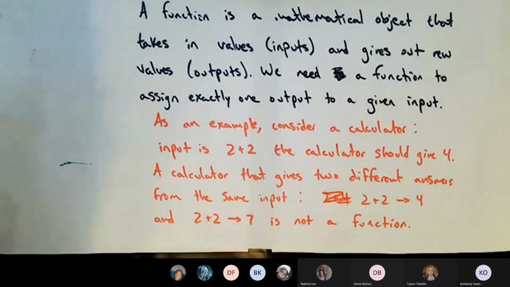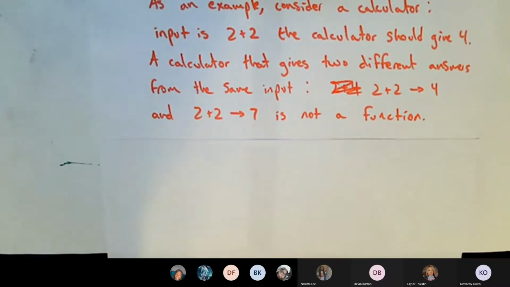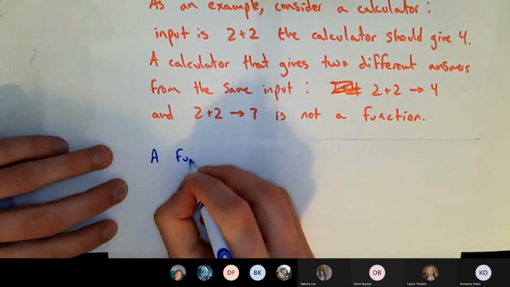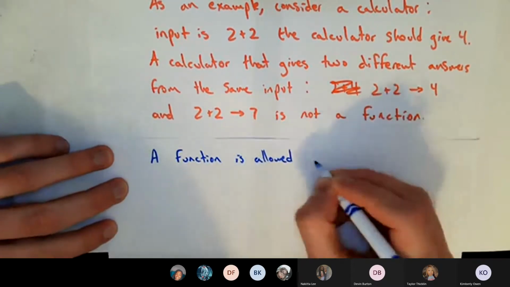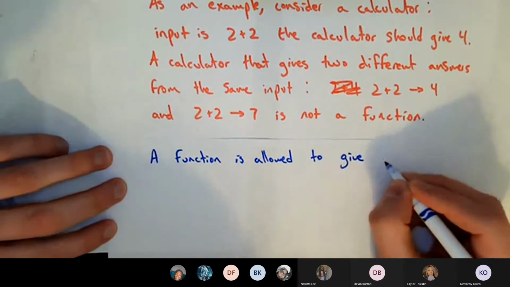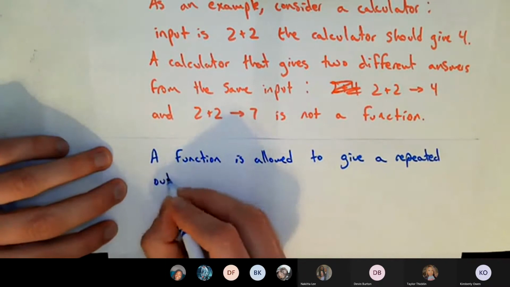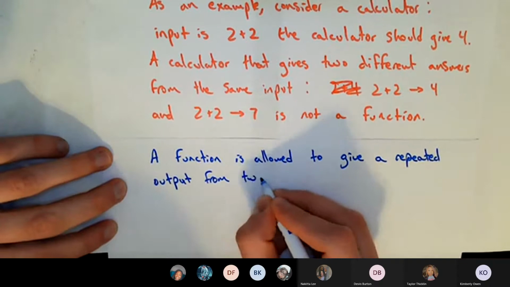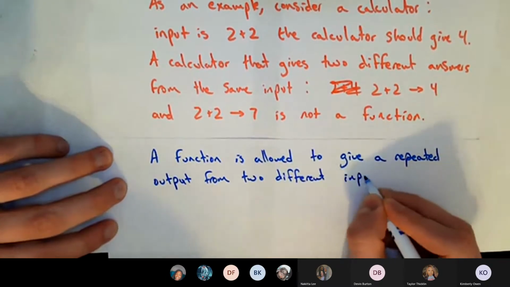Now, I want to make a note about something that comes up here that often confuses students. A function is allowed to give a repeated output from two different inputs.